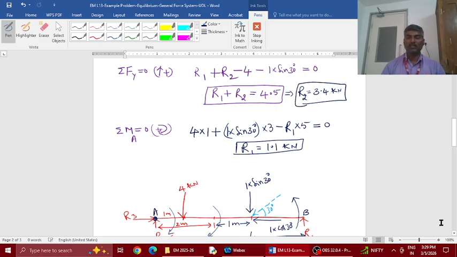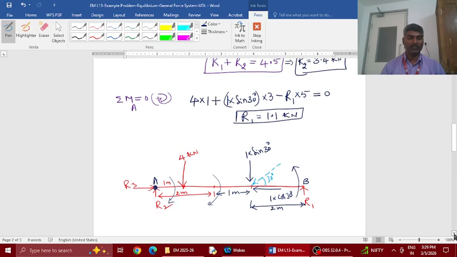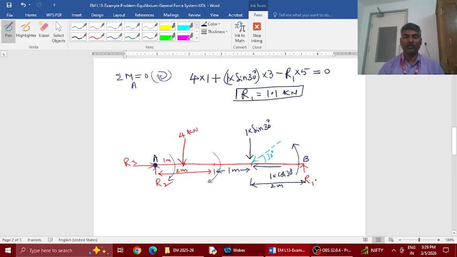So these are the three unknowns which we are able to solve. R1 is 1.1 kilonewton, R2 is 3.4 kilonewton, and R3 is 0.866 kilonewton.